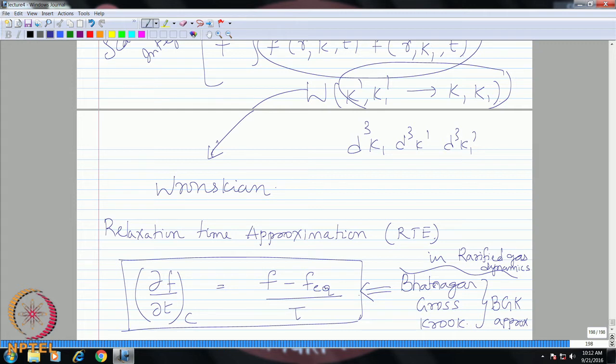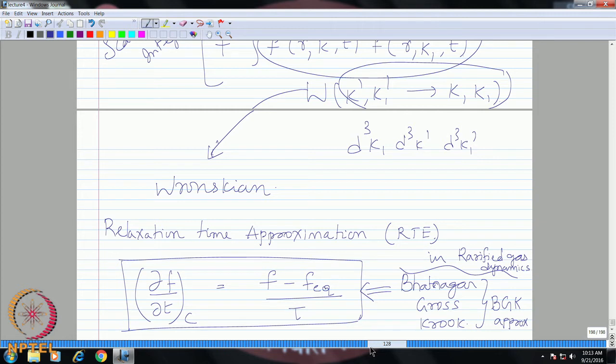You should understand that this is a huge level of simplification, starting from the complex collision integral. We have drastically simplified it with something quite different. It does not describe anything about the change in the wave vector space.